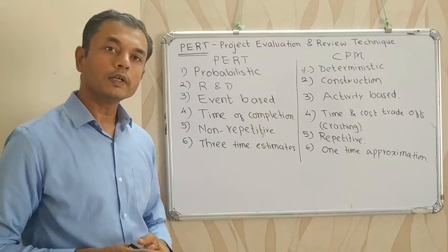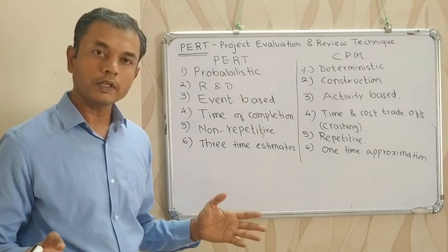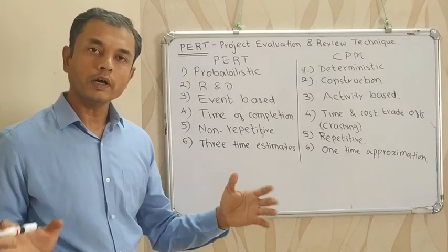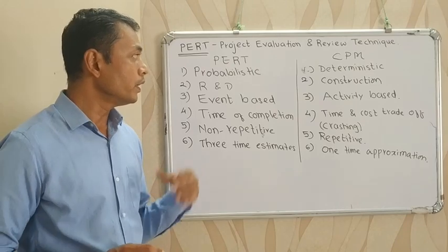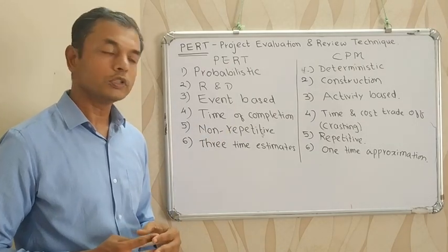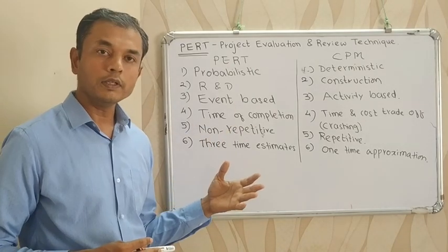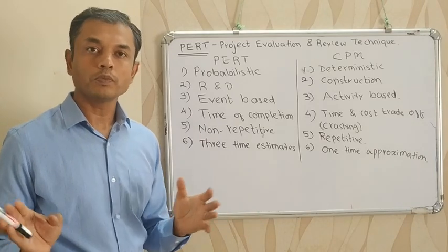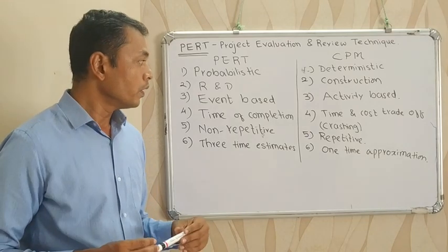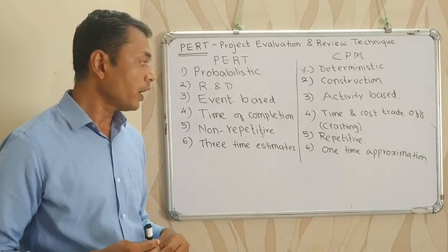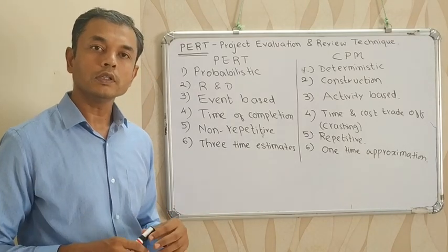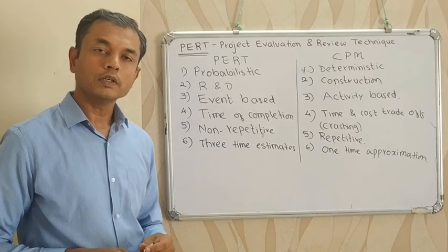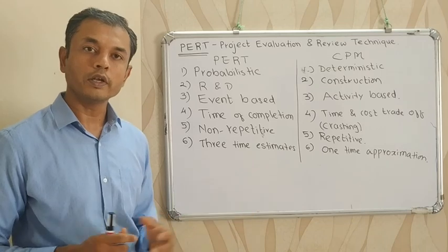Whereas critical path method is deterministic in nature. We know the most likely time of the event. It is normally used in construction projects. It is activity based and our focus is on both time and cost. It is repetitive in nature and we use only 1 time because it is deterministic. So now let's discuss project evaluation and review technique.